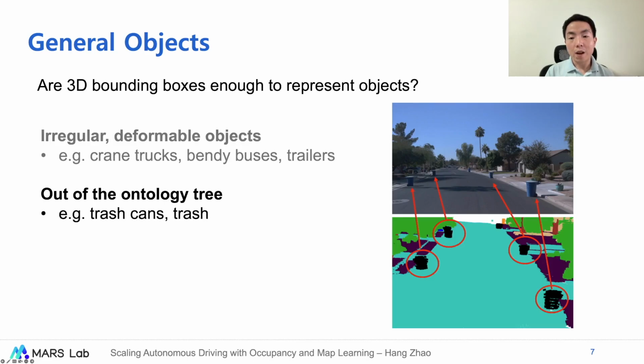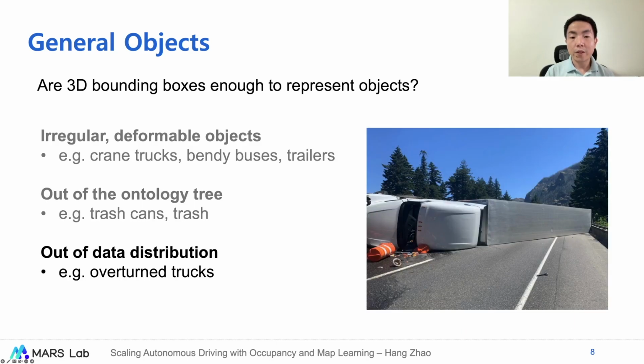We also have uncommon objects that stay out of the ontology tree. For example, the trash cans on the road or trash scattered on the road. They are often unlabeled in the datasets. Finally, even for a known object with regular shape, a strange pose could also make it out of distribution from the point of view of machine learning.